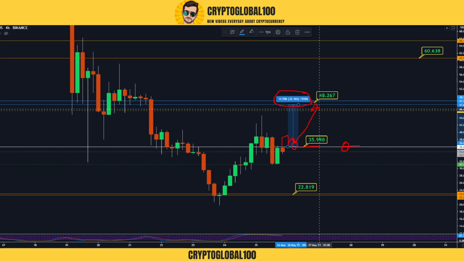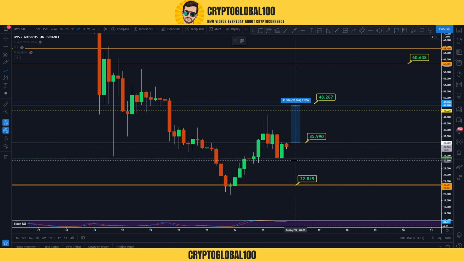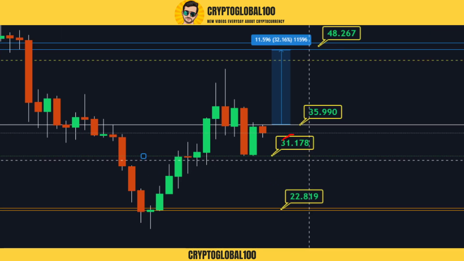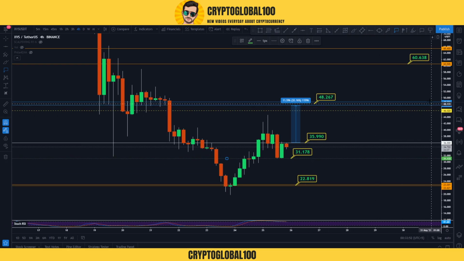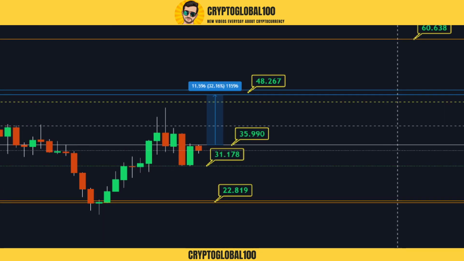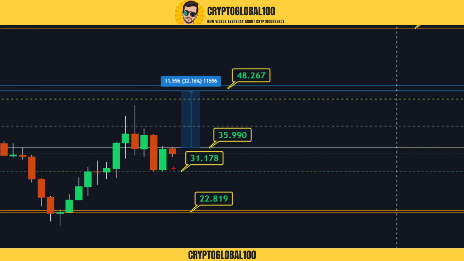For now, if BTC falls, we can have the price fall down to this one, $31. This would be the first support, and the next support would be around $22. I think you have got the technical analysis, you have got the idea. If you want to buy, you can place the order around $31.